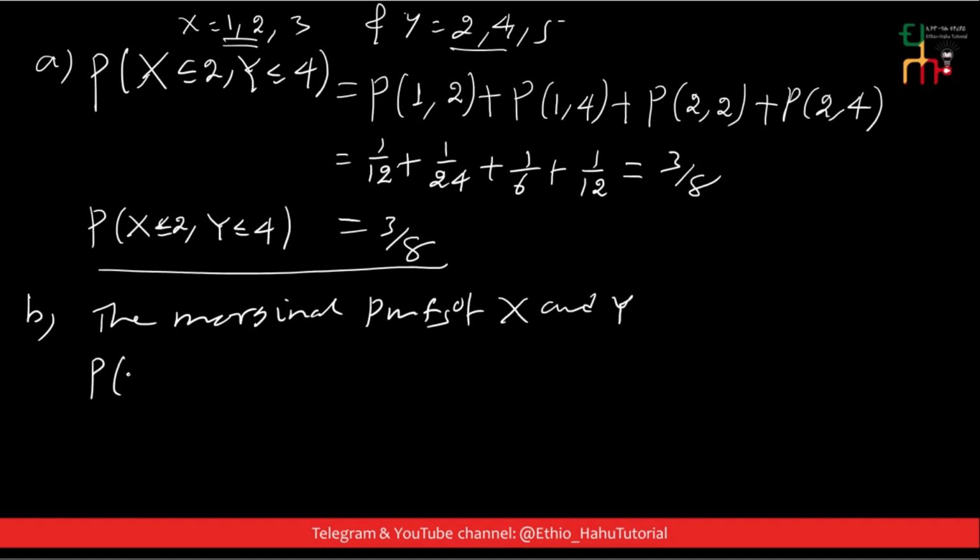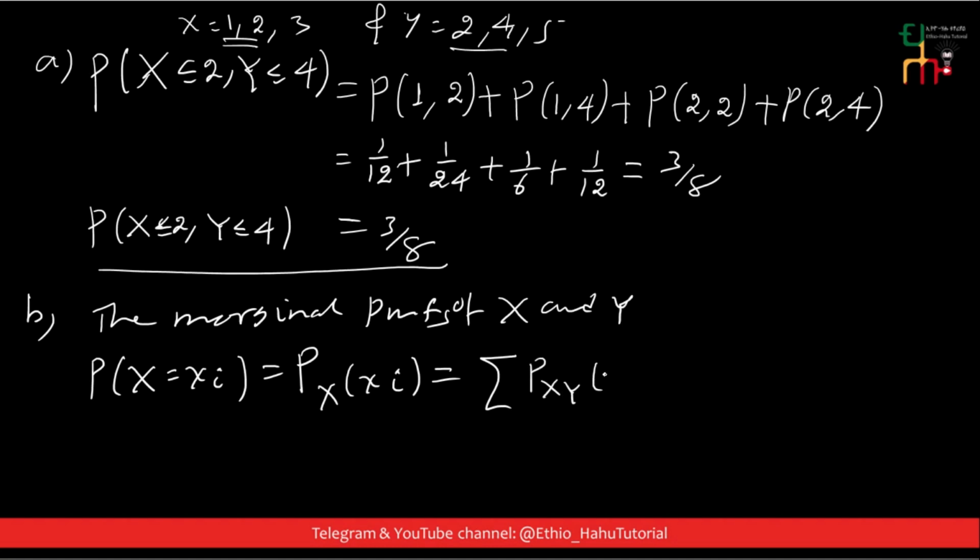Discrete random variable ስለሆነ probability of x is equal to xi ማለት the marginal probability mass function of random variable x is equal to xi ማለት the marginal probability mass function of x of xi ይሆናል። This is equal to the sum of the joint probability mass function of xi, yj over all yj's and the marginal probability mass function of random variable y is equal to yj ማለት ምን ማለት ነው?